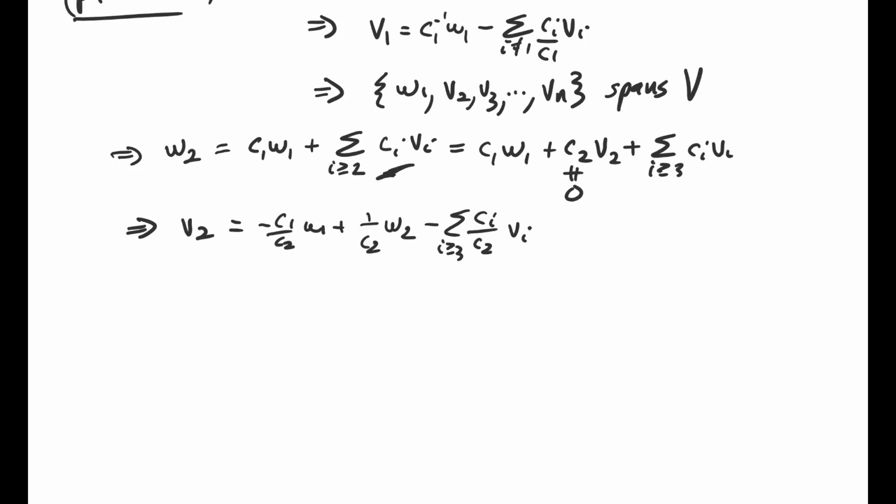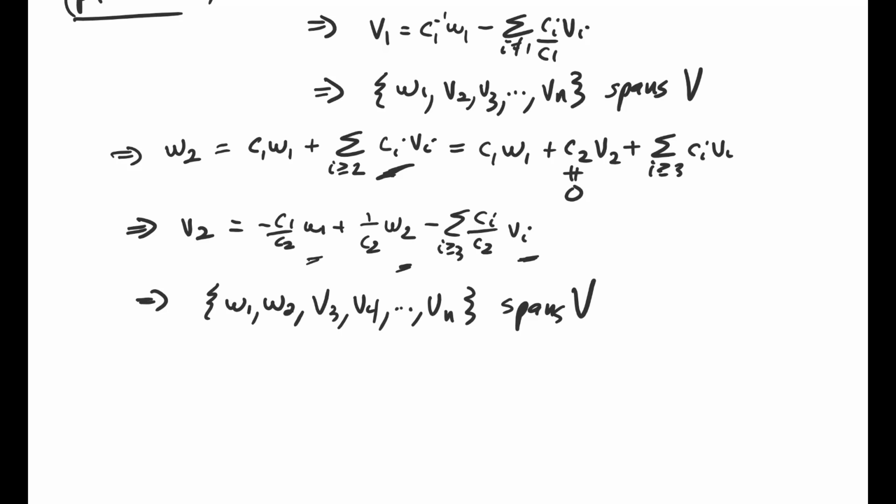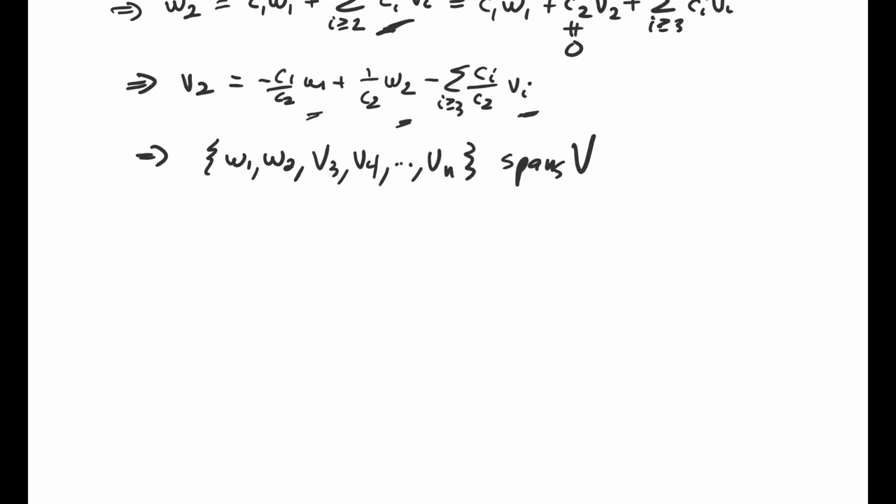And as a result, this set here, w1, w2, and the rest of the v's, have to span, because if I just had w1, w2, and the rest of the v's with linear combinations, I could recover v2, and we already know that if I have w1 and v2 and the rest of the v's, then they span. So w1, w2, and then the rest of the v's, that set spans V.